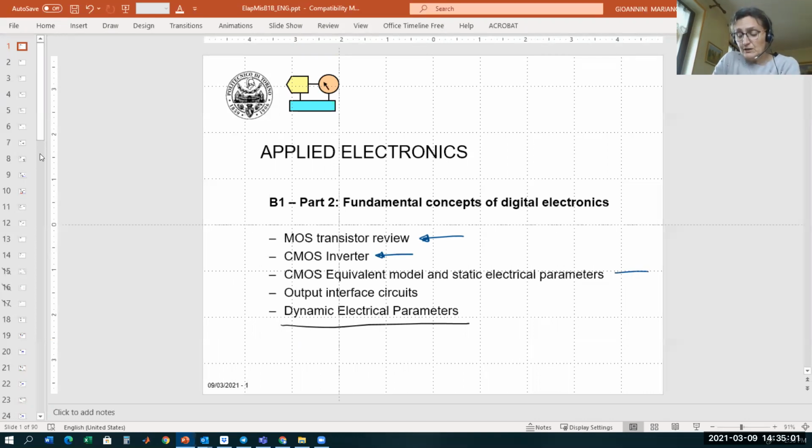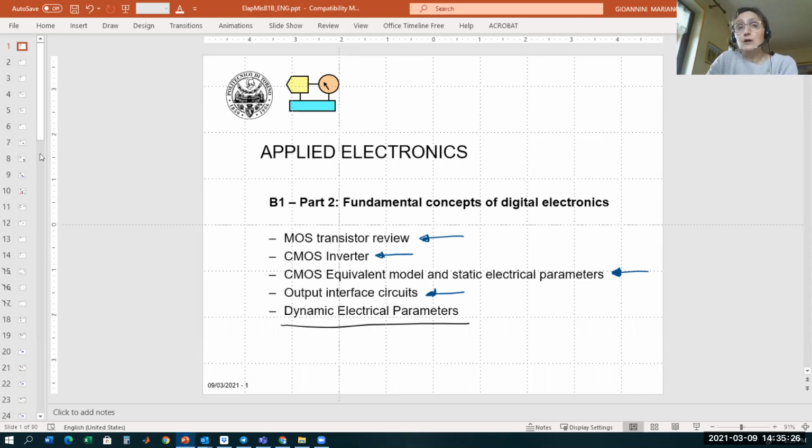Finally, we discussed the static electrical parameters of the NOT logic gate, so of the inverter. And I introduced the concept of output interface, and we have seen that we have basically 3 different types of interface.